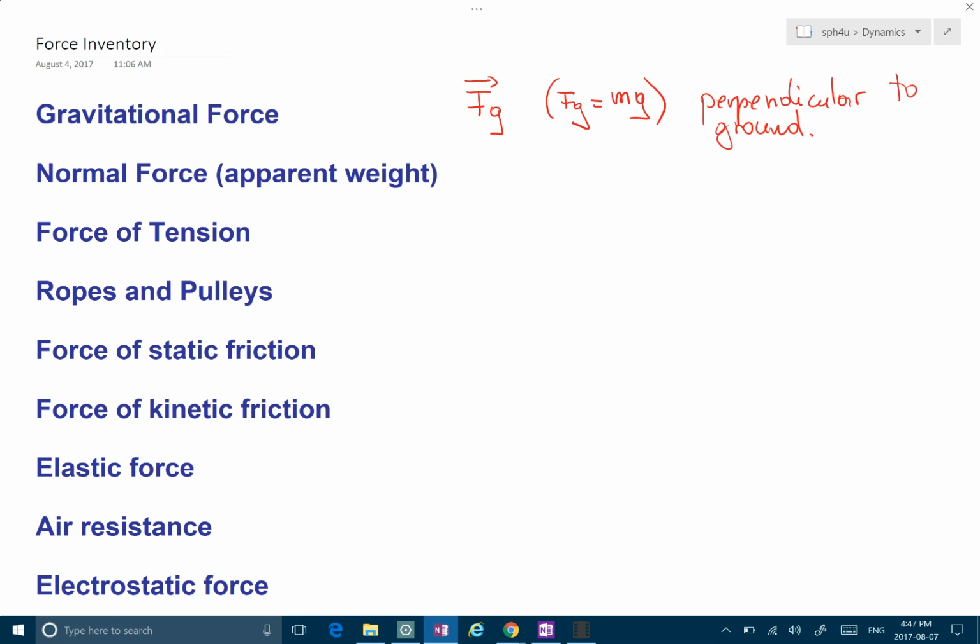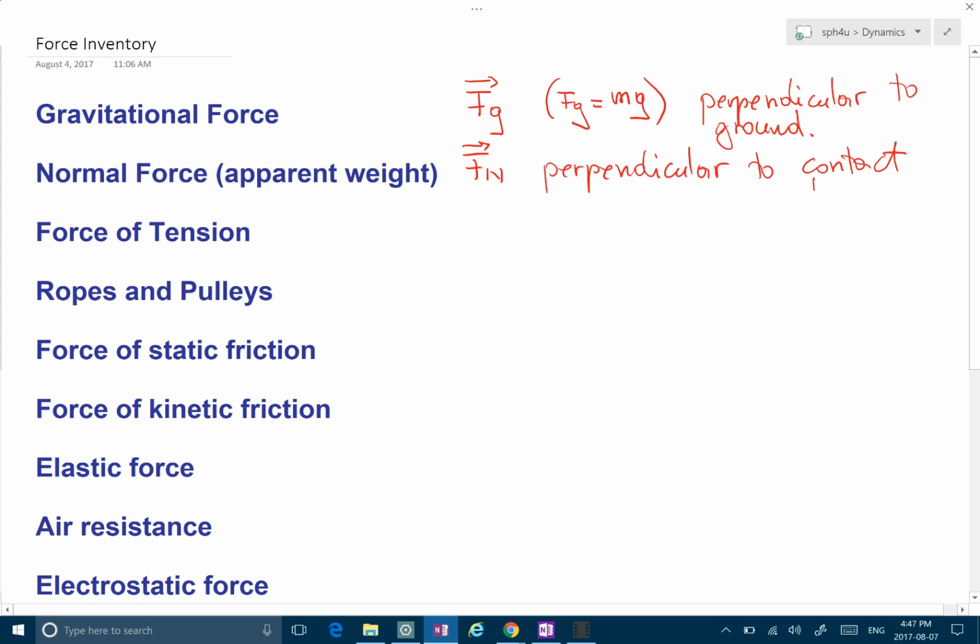The normal force, also known as apparent weight, we use the symbol Fn, and normal force is pretty much a push-away force between two surface contacts. So the main thing that we need to know is that it is perpendicular to the contact surface.